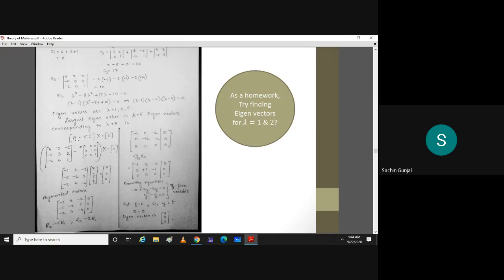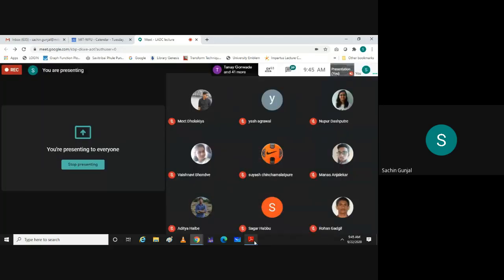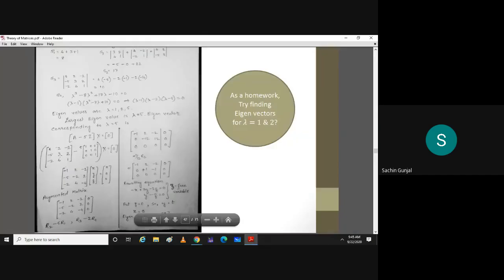So substitute values. A is given to you: 4 2 -2, 2 3 2, -2 4 1, minus 5 times the identity matrix. Now do this subtraction. 4 minus 5 is minus 1, so -1 2 -2. 3 minus 5 is minus 2, and this 2 as it is.